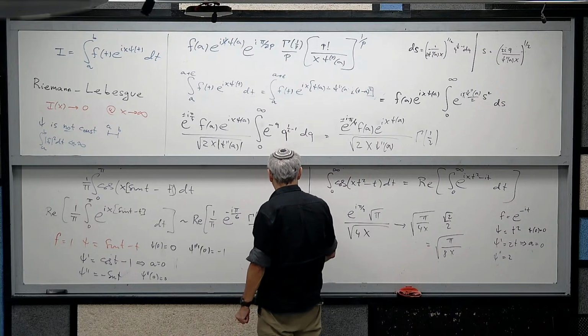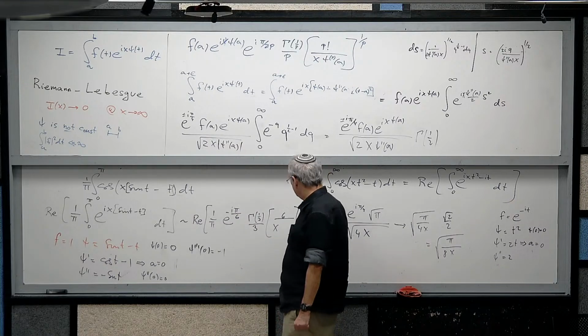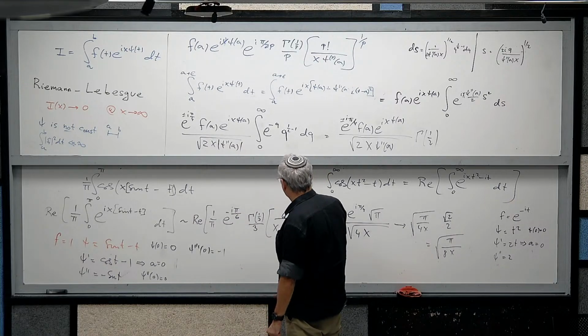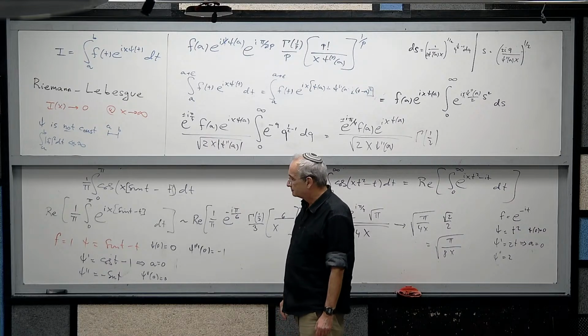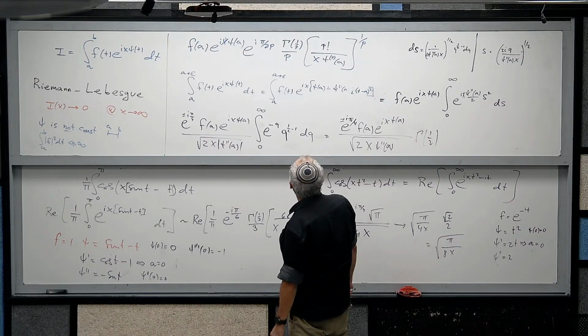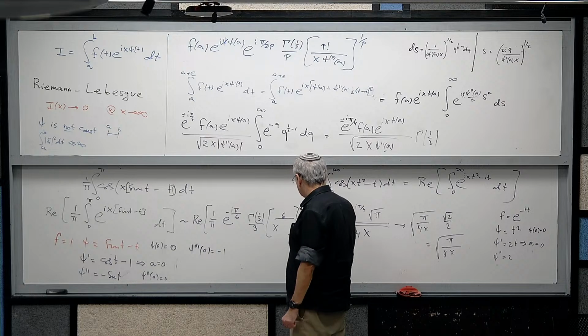Why absolute value? Because I put the minus here. The minus is wrong, because you have pi over 6 minus pi, so it should be minus 5 over 6.